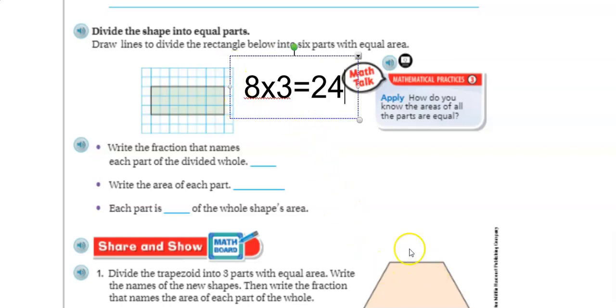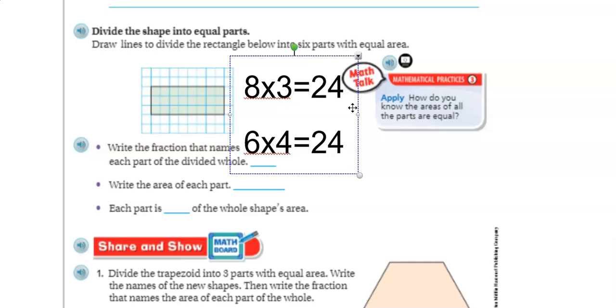Okay, well, how could we do it? Is there another thing that equals 24 that we could do? Maybe 6 times 4 equals 24. That could work. Okay. So we could divide it into 4s.